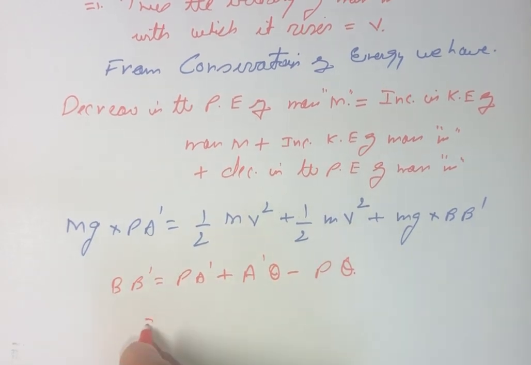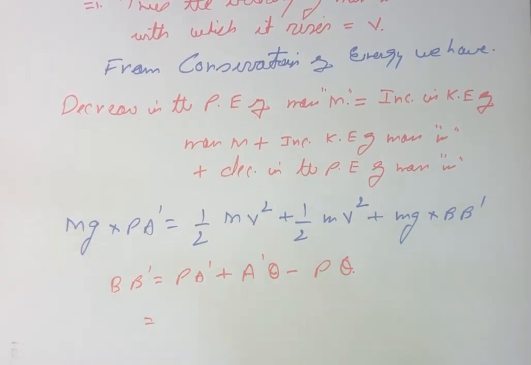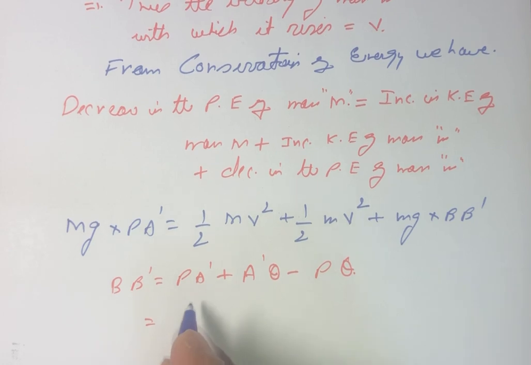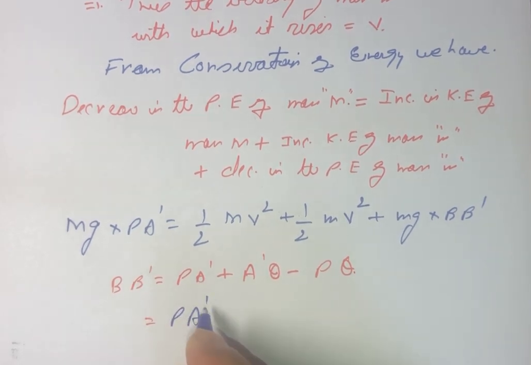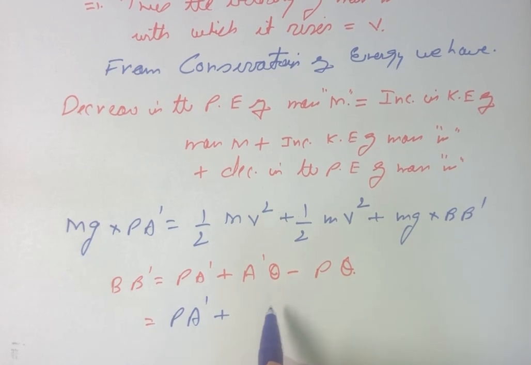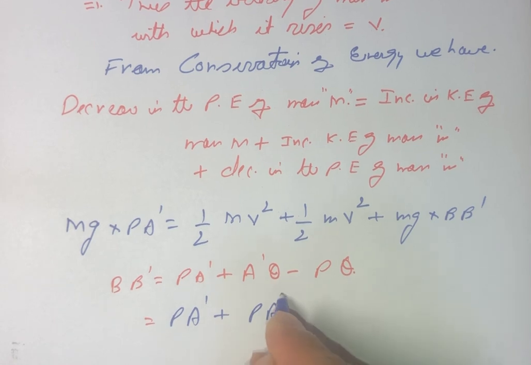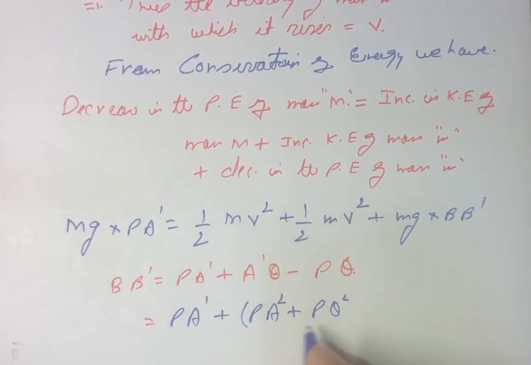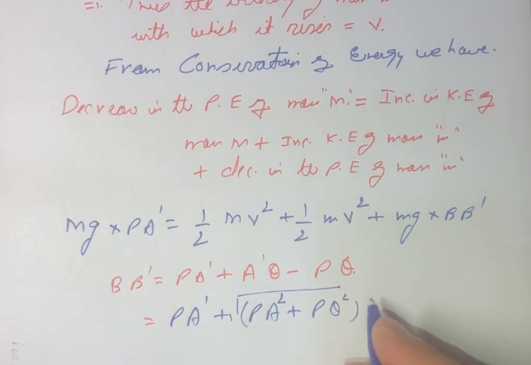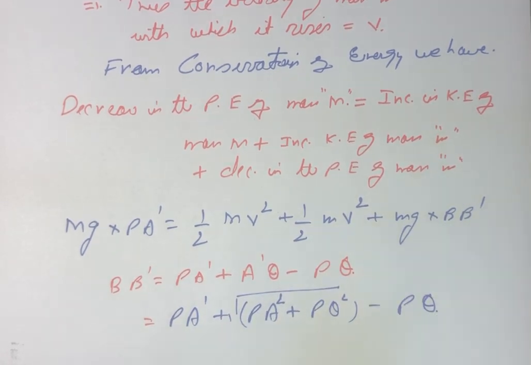With the formula, this is the square root of PA square plus PQ square, minus PQ.